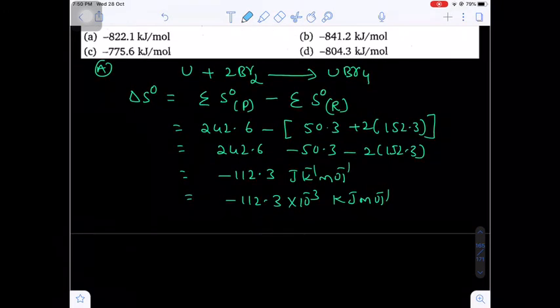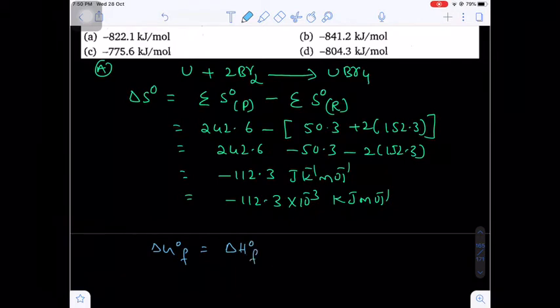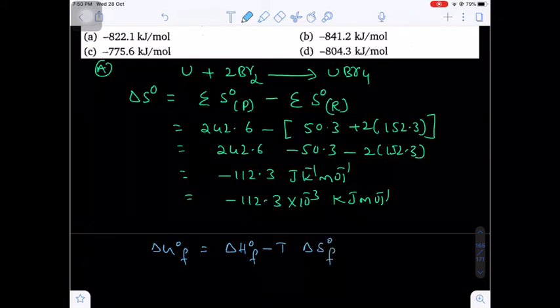Okay. Now the standard Gibbs energy of formation, delta G naught F, will be equal to the standard enthalpy of formation, delta H naught F, minus T times the standard entropy of formation. Are you getting my point?